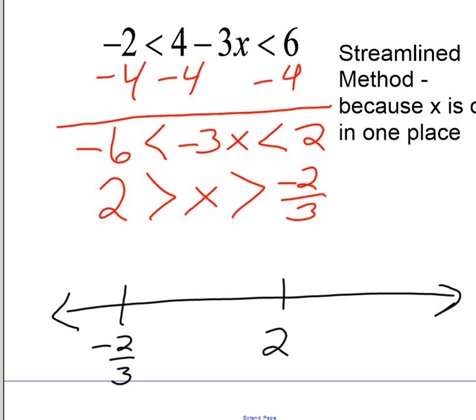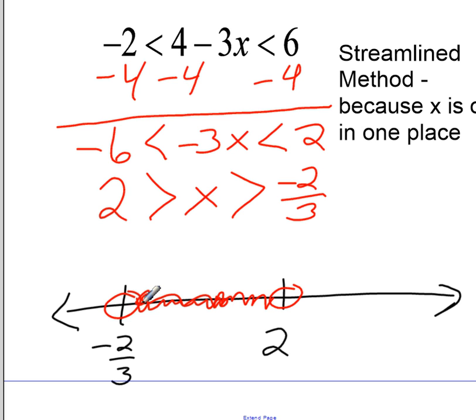Okay, so x would be less than 2, to the left of, but greater than -2/3, that means to the right of. So this is a between, but since -2/3 is on the left, we always write it from left to right.